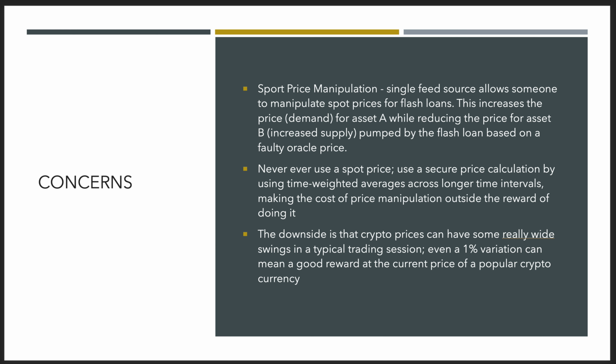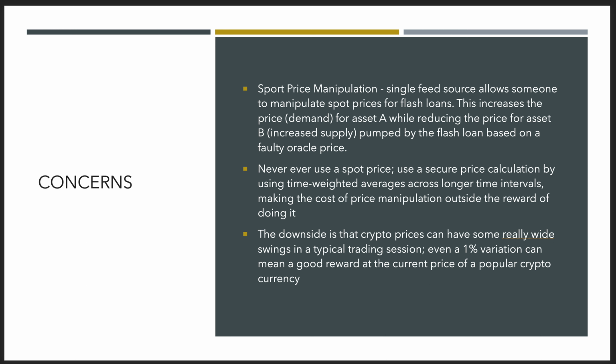And this is really kind of clever, because I love the people that come up with these things because they really do open up that door on thinking, right? You're going to increase the price for asset A while reducing the price for asset B. And basically you're pumping this by doing the flash loan to actually say, I'm going to buy a bunch of asset A at this price and sell asset B at this other, lower price.